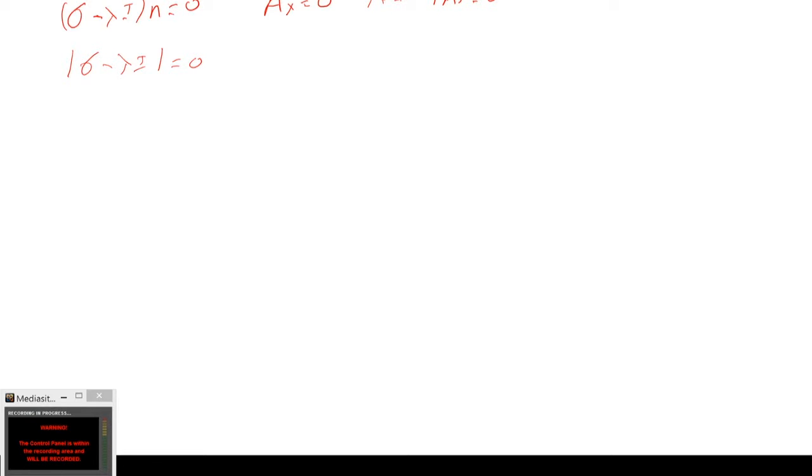Now, if you remember your linear algebra, we can use the Leibniz method for calculating the determinants, and what we end up with is a polynomial expansion.